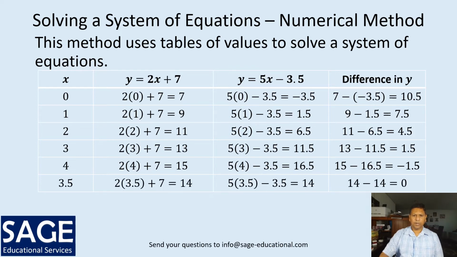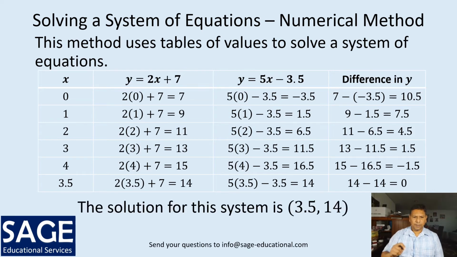When we put x is equal to 3.5, substitute that into both equations and find the difference in y, we find that the difference comes out to be 0. So that means that the point (3.5, 14) is the solution to this system of equations, because that value of x and the corresponding value of y make the difference equal to 0.